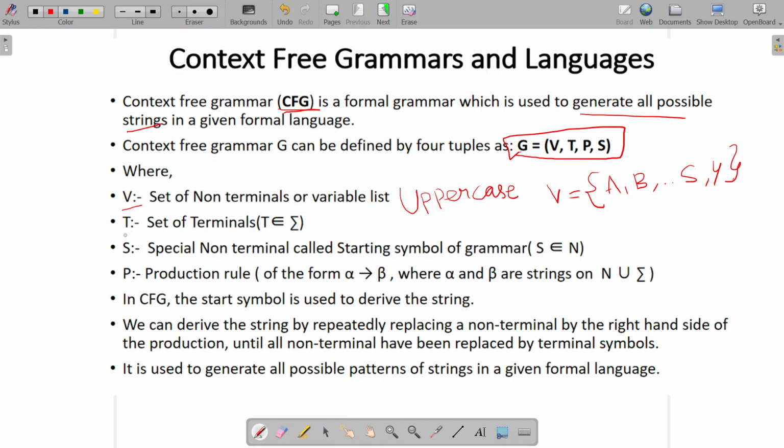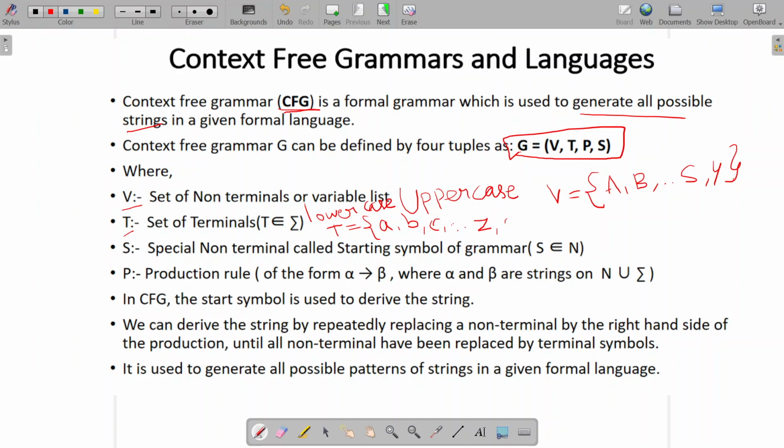And then we have T. T is the set of terminals. It belongs to the alphabet set, and lowercase letters are used to represent terminals. So the terminal set T may contain all possible lowercase alphabets a, b, c, d like that to z.